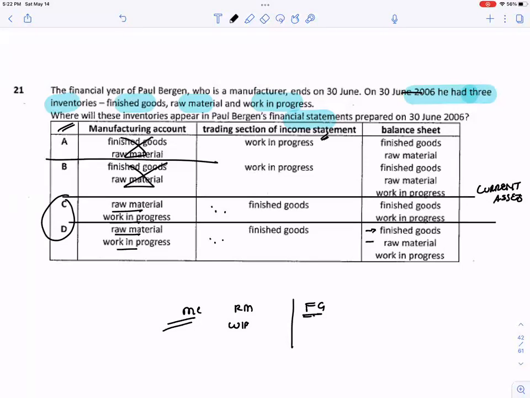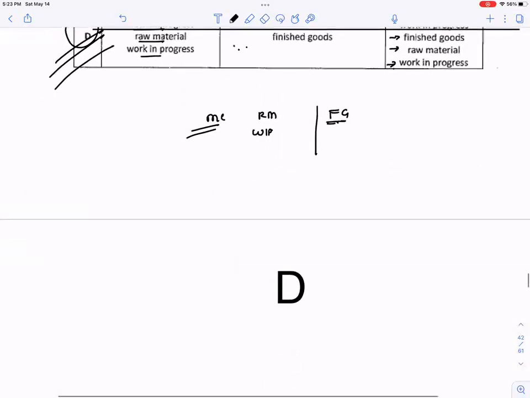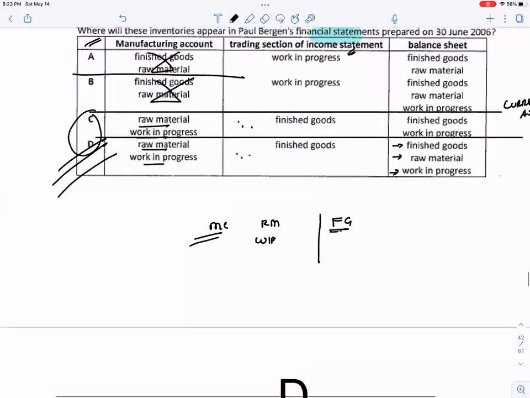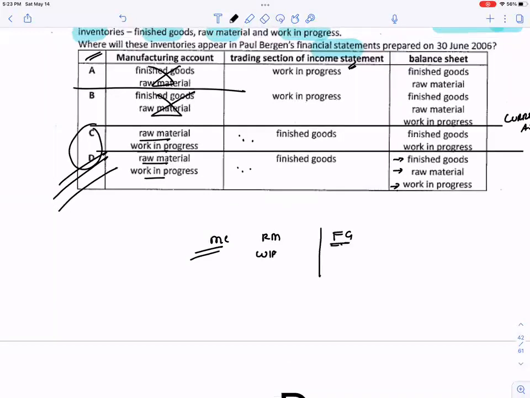D. So option D is correct. I hope this is clear. In the manufacturing account, you would have inventory of raw material and work in progress. In trading account, you will have inventory of finished goods. And in the statement of financial position, or the balance sheet, you will have all the three inventories.